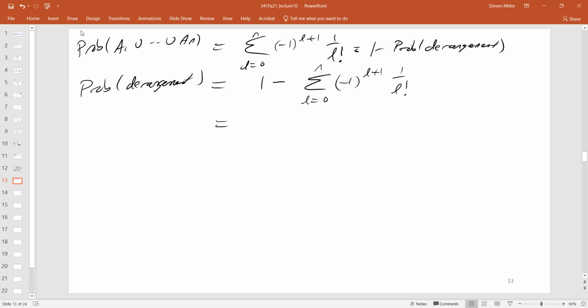But because I have a minus 1 to the L plus 1, if I pull out a minus 1, they reinforce. So I hope I haven't done wrong. Sorry, the sum is L goes from 1. So we just get 1 plus the sum L goes from 1 to n of minus 1 to the L, 1 over L factorial. But how can you write 1?